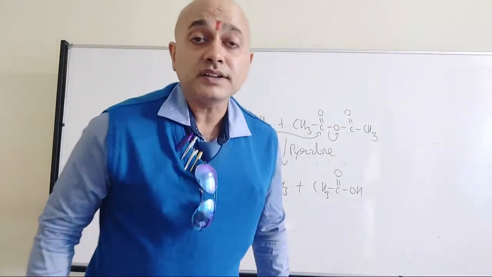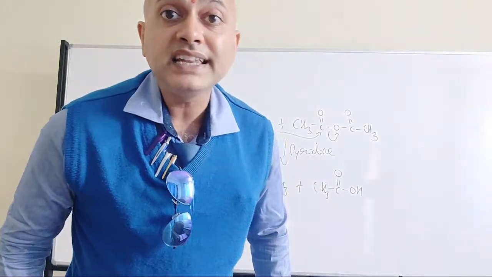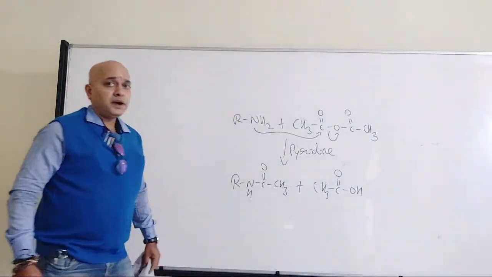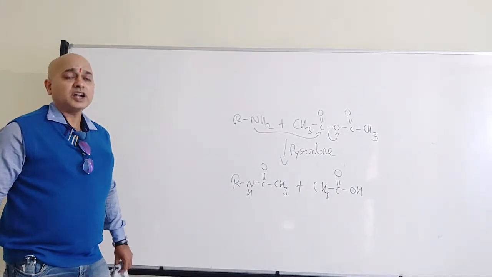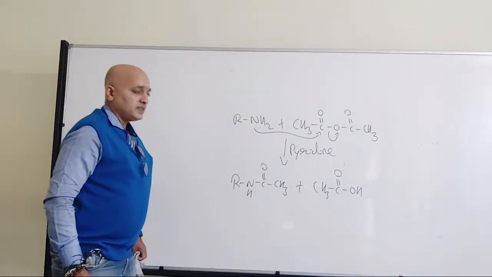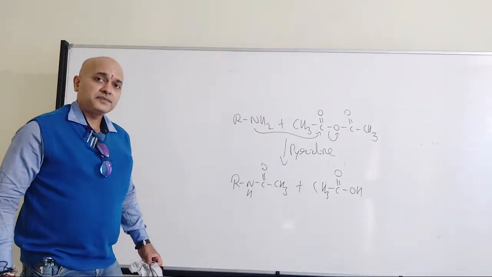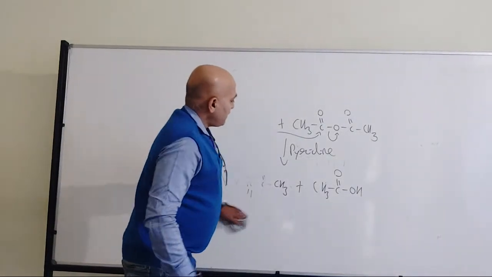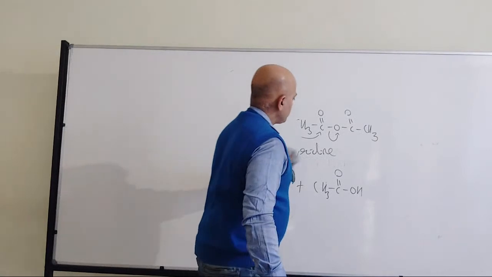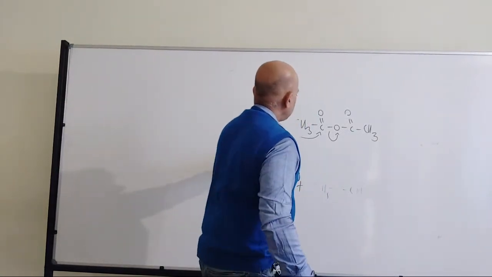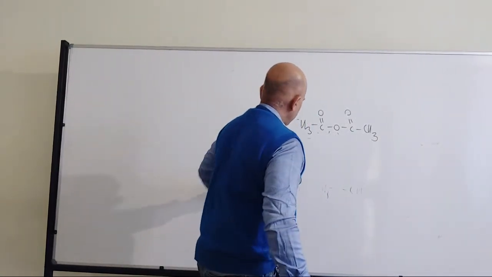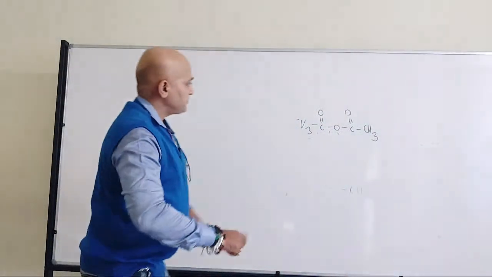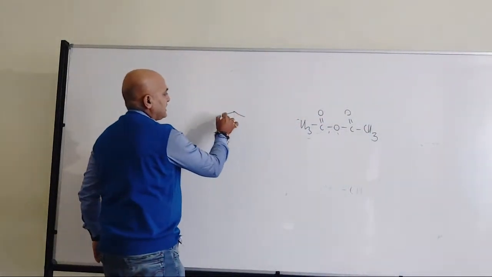Acetanilide is different. That is when I am taking aniline. Here I have taken a primary amine, that is not an aryl amine, it is an alkyl amine. If I take aniline, I will keep the other reagent the same.